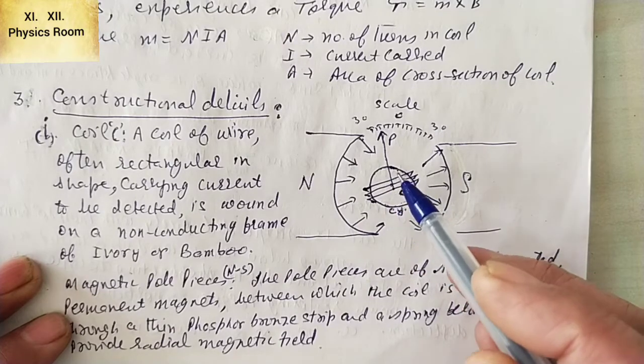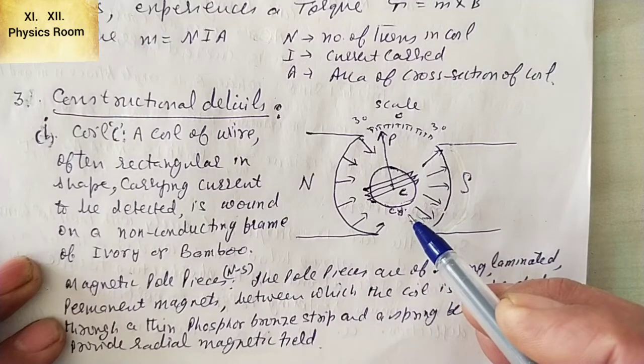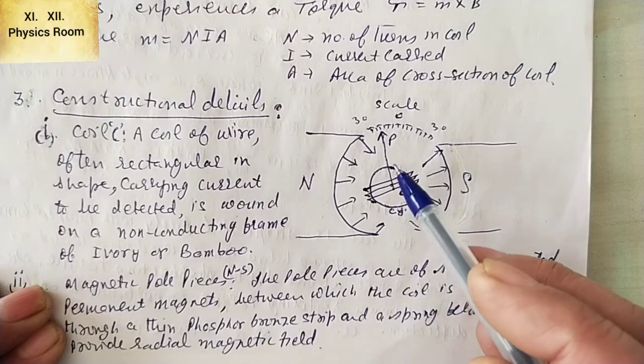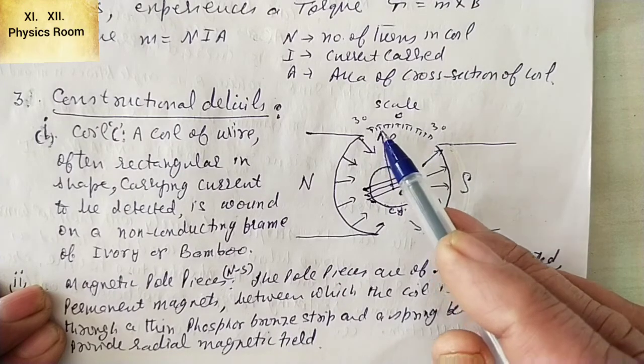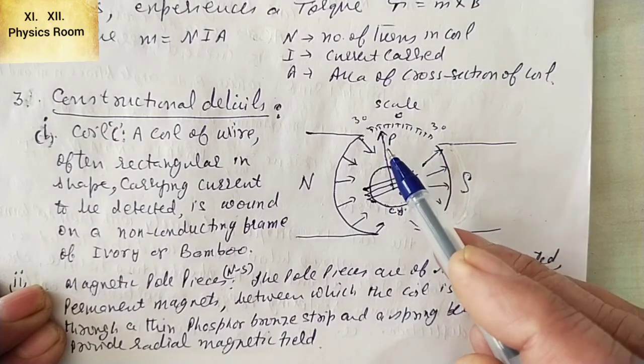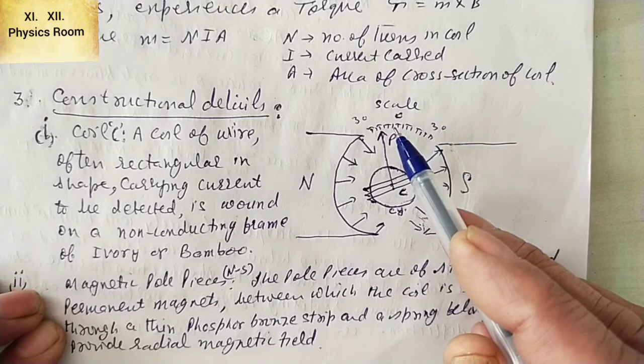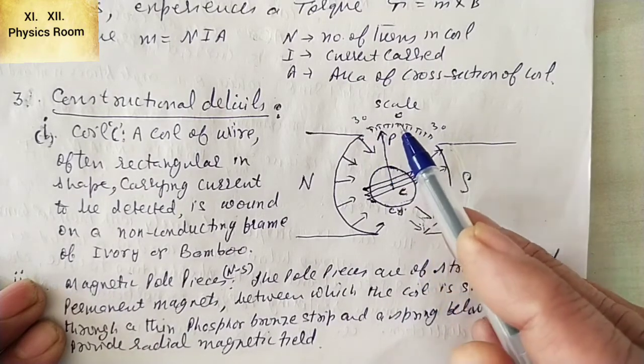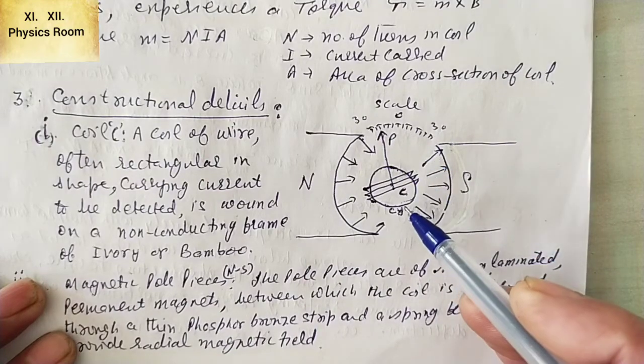Soft iron cylinder provides radial magnetic field, which increases its strength, and this is zero on scale. This coil can deflect either towards left side of 0 or towards right side of 0, which gives the angle of deflection alpha.